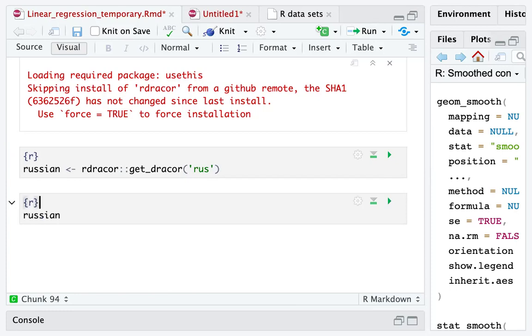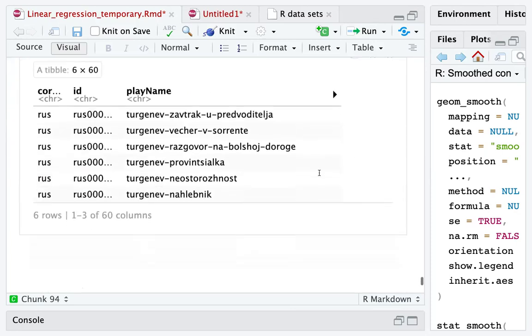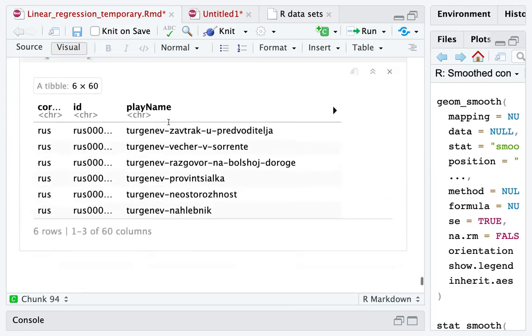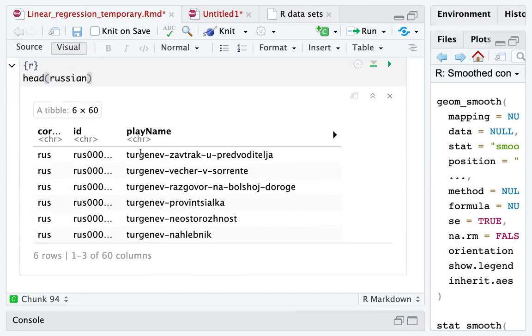So what do we use to skim through some data? Well, there are many functions. We can use head to print the first lines of this data set. We can use summary, we can use skimmer. For instance, there are 60 columns, so it is huge.